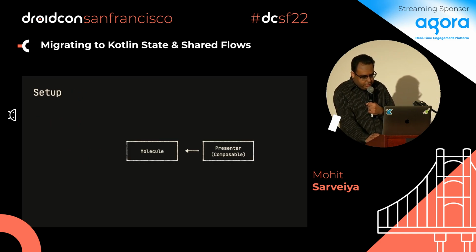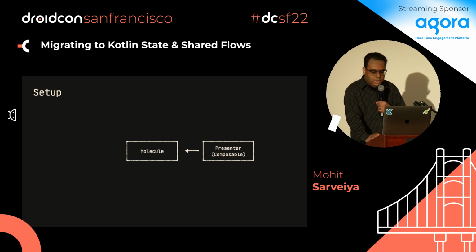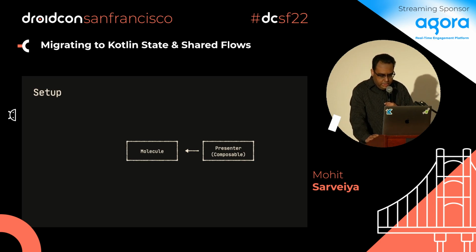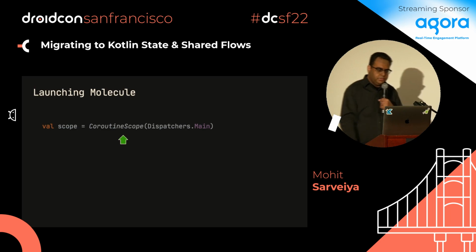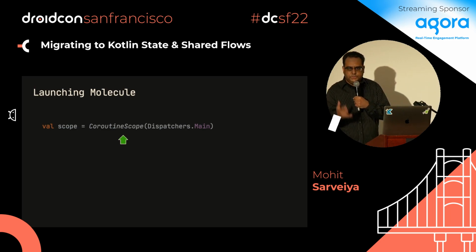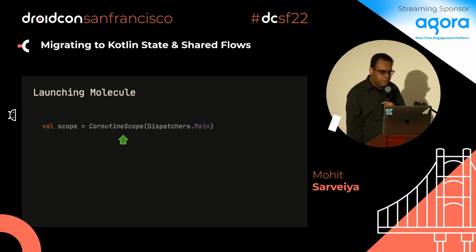And what I'm going to do is create something called a molecule. The molecule is an extension which will give me back a state flow. The first thing you want to do is create a scope. You could use a ViewModel lifecycle scope if you want.